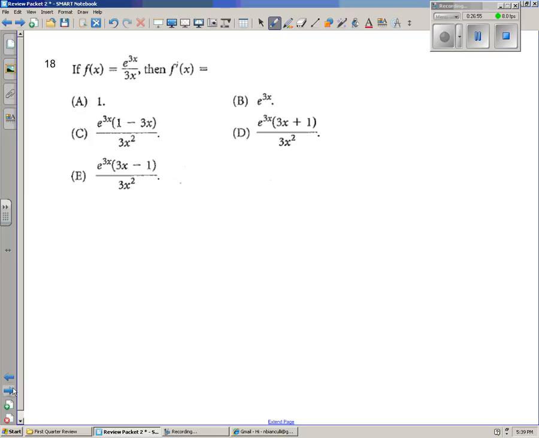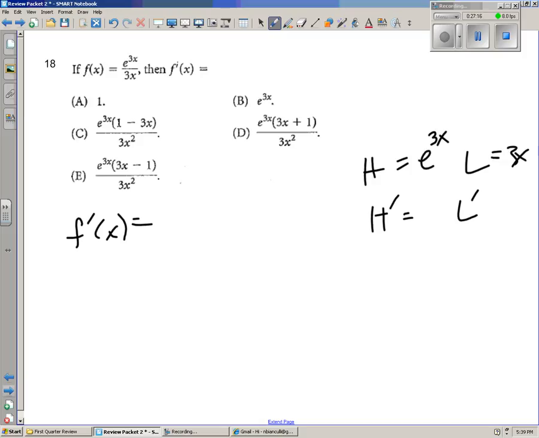All right, number 18, if f of x is equal to e to the 3x over 3x, and f prime of x is, well, this is a quotient rule problem, so we need to identify the high function, the low function, and their derivatives. So the high function is e to the 3x, the low function is 3x. The derivative of e to the 3x is e to the stuff, so it repeats itself times the derivative of the stuff, otherwise known as 3e to the 3x, and the derivative of the low is 3.